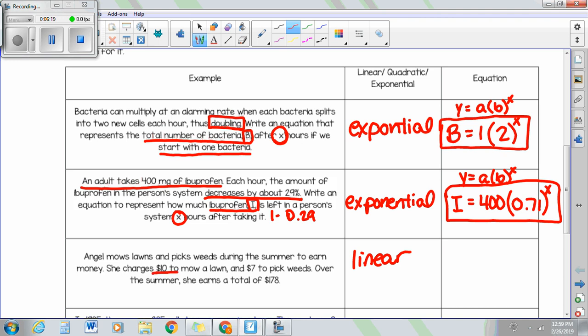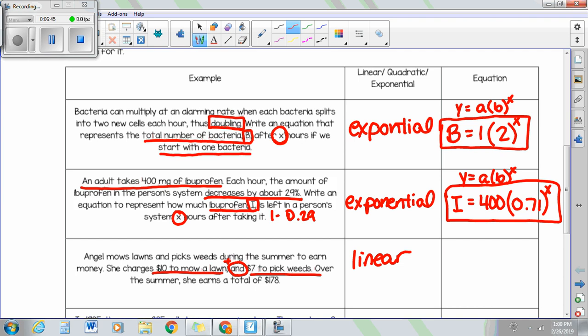She charges $10 to mow a lawn and, which is an adding word, $7 to pick weeds. So we're adding $10 every time she mows grass. We're adding $7 every time she picks weeds. That is linear. Now, normally these are given in y equals mx plus b format, but in this case, it already kind of tells us the story if we use our hint words from when we wrote linear equations.